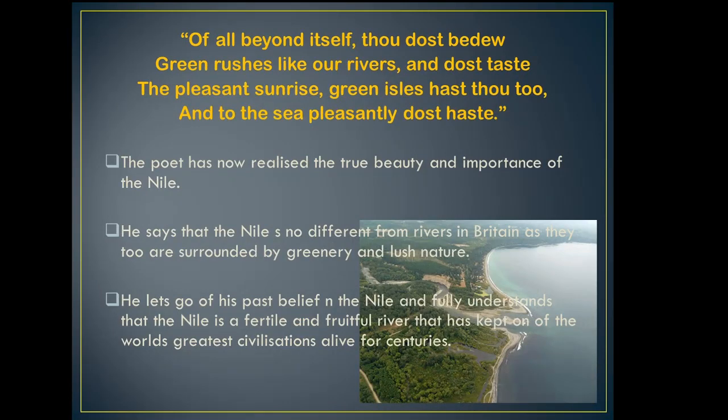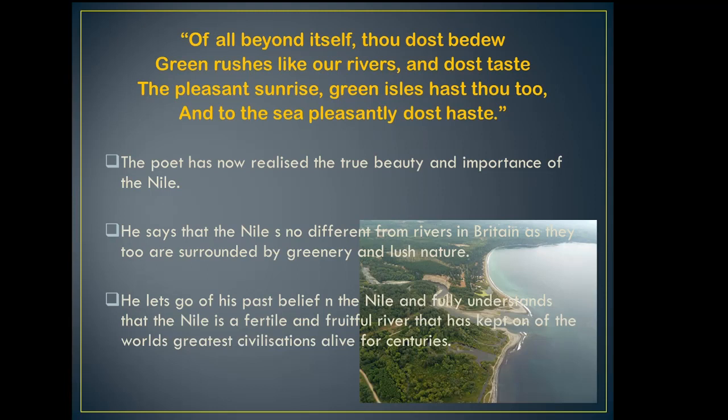Of all beyond itself, thou dost bedew green rushes like our rivers, and dost taste the pleasant sunrise. Green isles hast thou too, and to the sea pleasantly dost haste. Here we can see the poet realizing the actual beauty and greenery of the Nile. The poet compares the Nile to rivers in England and Europe, as he says, green rushes like our rivers, green isles hast thou too.